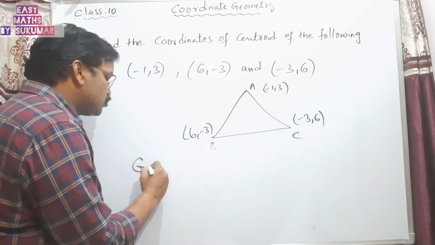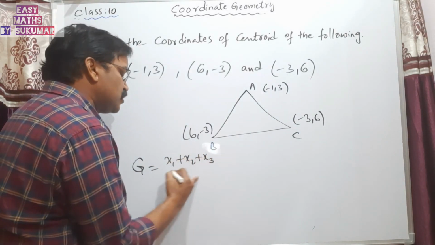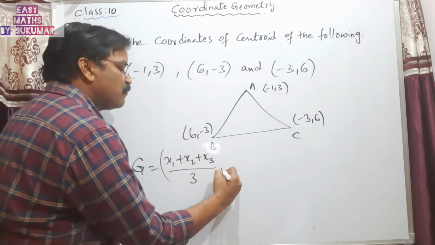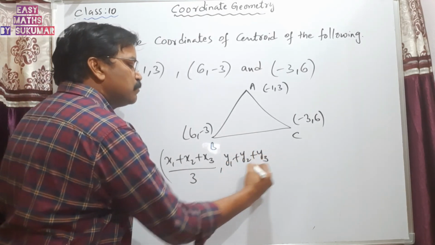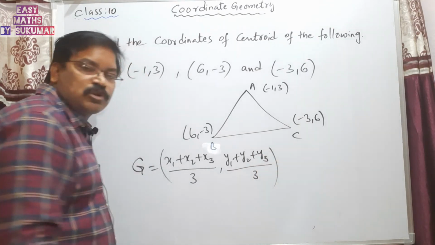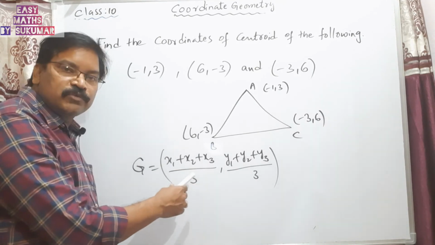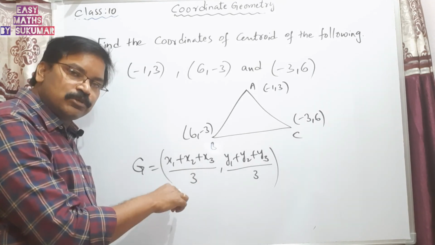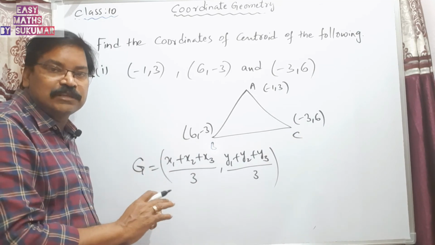So the centroid G is equal to (x1 plus x2 plus x3) by 3 comma (y1 plus y2 plus y3) by 3. If you did not watch the previous video, please watch it. Then this is very easy for you.